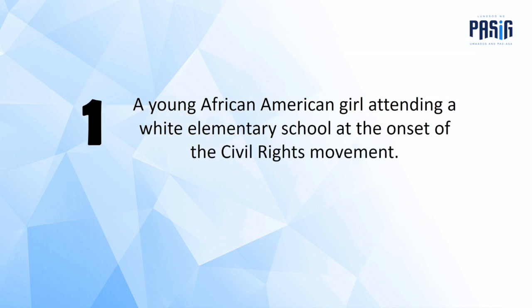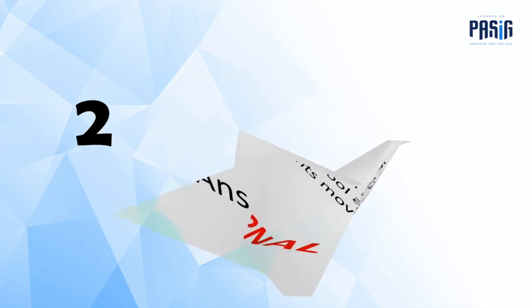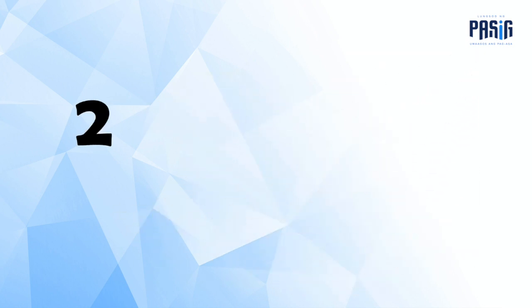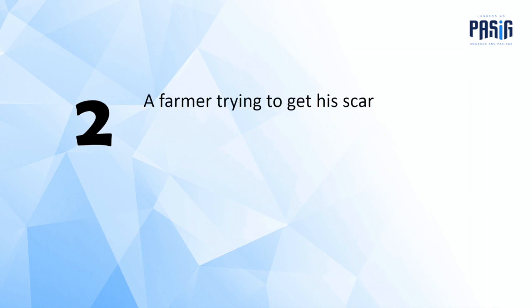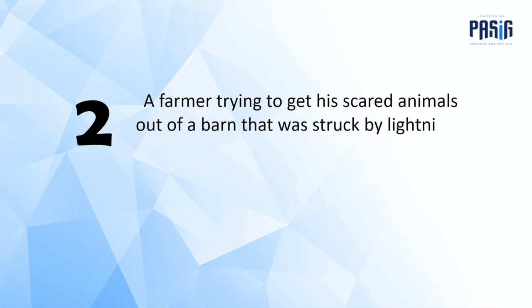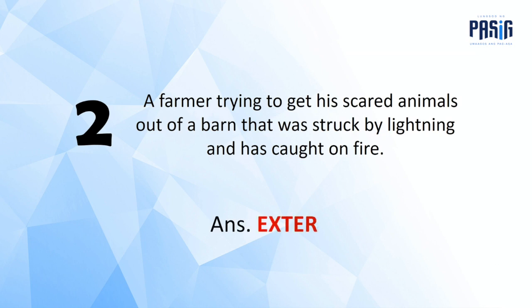The correct answer is external. Number 2. A farmer trying to get his scared animals out of a barn that was struck by lightning and has caught on fire. The correct answer is external.